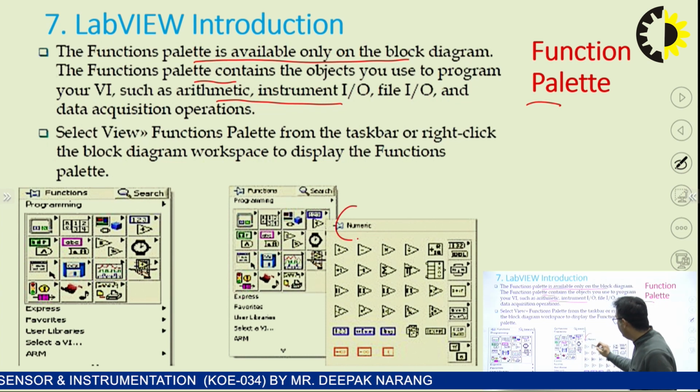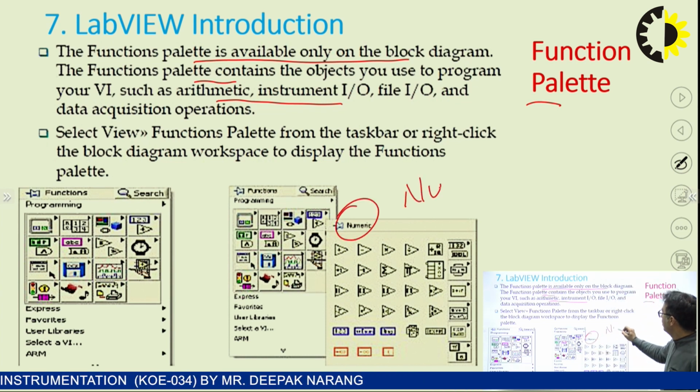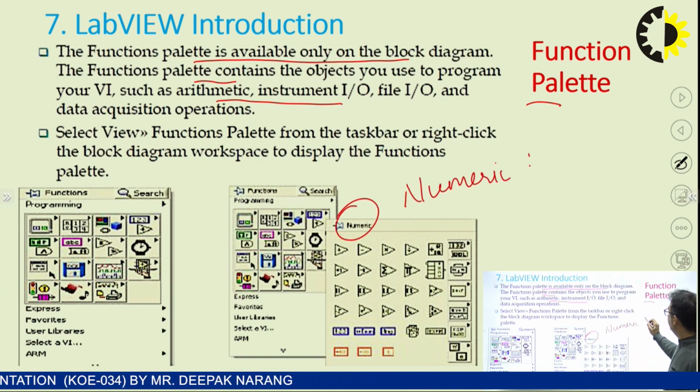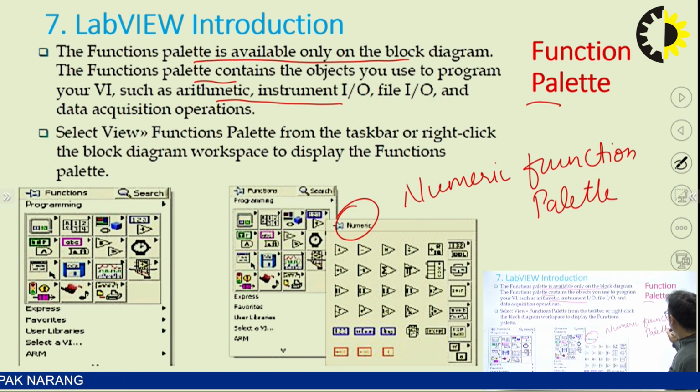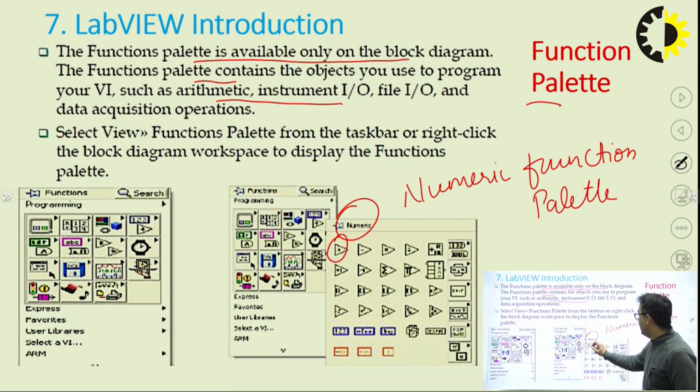Like here we can see this numeric function palette. Here are addition, subtraction, multiplication, division. Whatever function we can think of in our mathematics, all are available in this function palette.